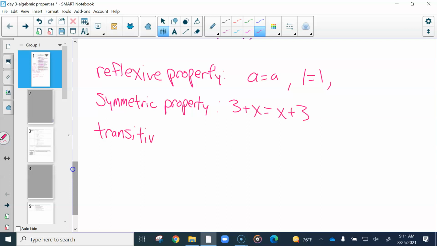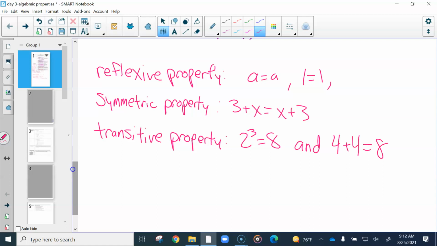Transitive is the last. This one's a little harder because there's multiple parts to it. It kind of ties into substitution as well. If you have this problem, and let's say you also know 4 plus 4 also equals 8.